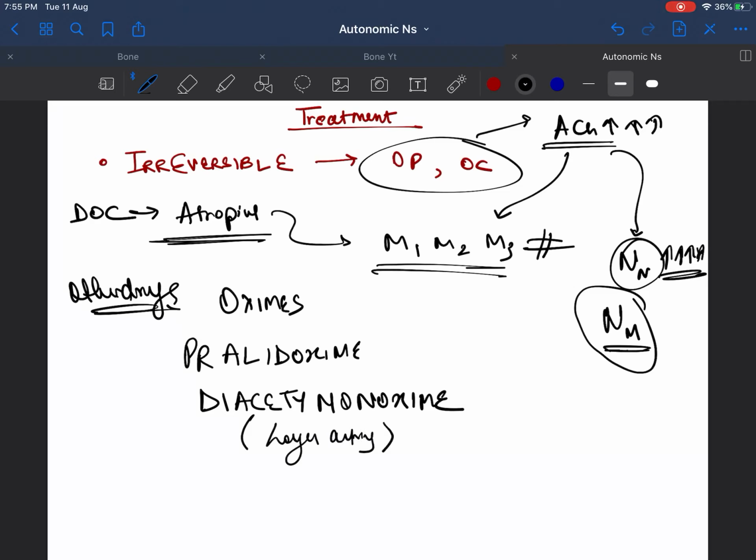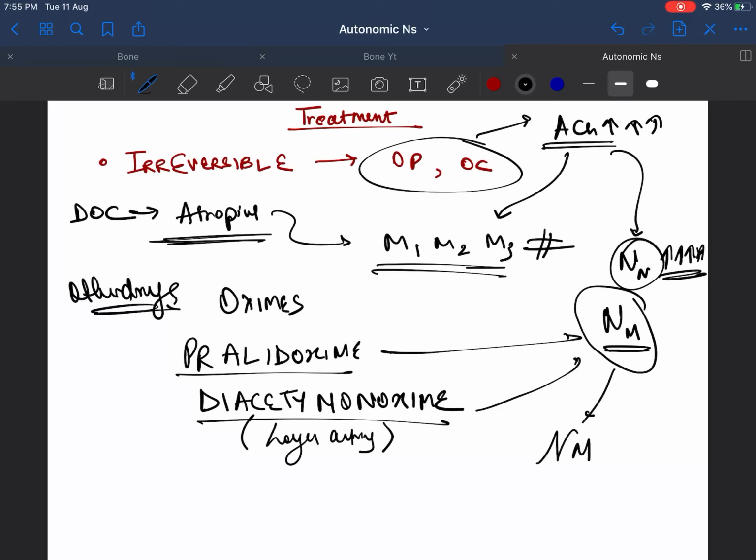These are used along with atropine to cure the nerve muscle weakening that will take place. We have discussed that increased ACh also causes weakening of the muscles. Also, they will help in respiratory depression problems. So these are the oximes.